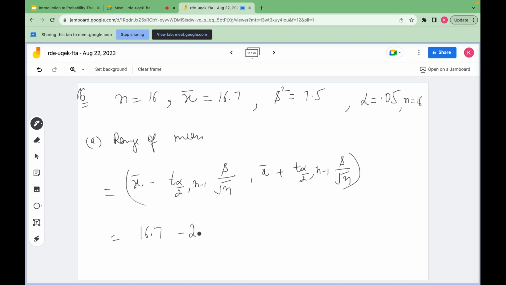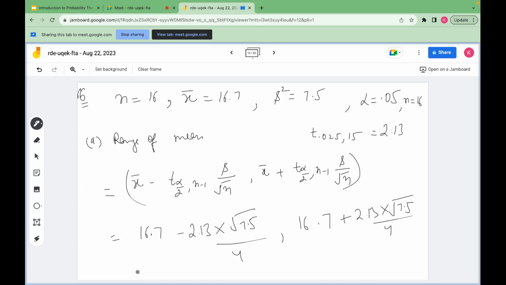This t value, 0.025 comma 15, will come out to be 2.13. From the table you can easily find this. This s will be root over 7.5, n will be 4, 16.7 plus this thing. So these values come out to be 15.24 comma 18.16. This is the range for mean.